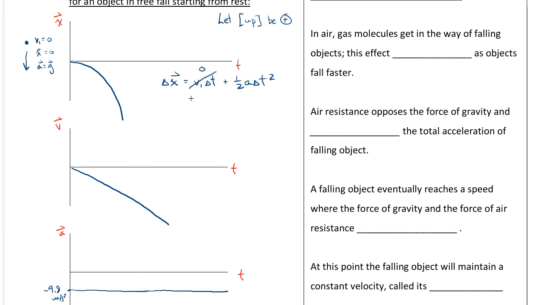This becomes 0 in our situation where we're falling from rest because v1 is equal to 0. And a is equal to negative 9.8. So delta x, our displacement, becomes equal to negative, this is a half times 9.8, so negative 4.9 delta t squared. This is displacement, not position, but when we start from position 0, they're the same thing.